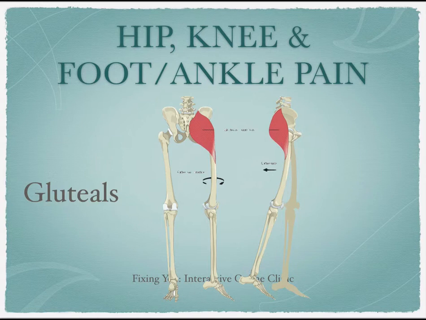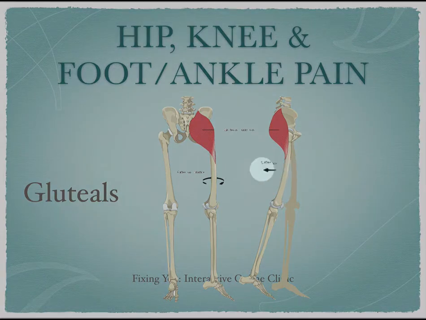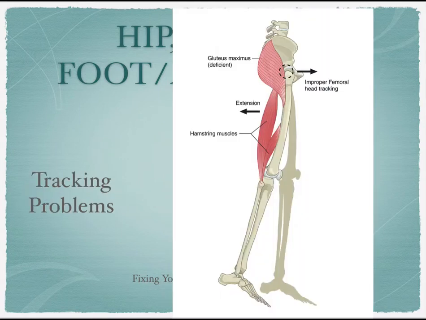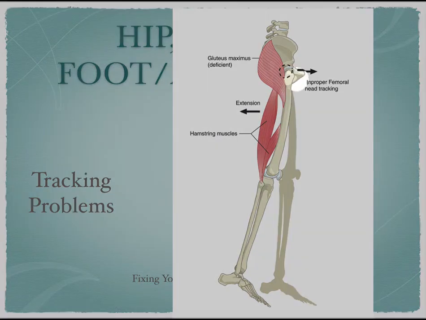The butt muscles extend the hip joint here, and they also rotate it out to the outside. But they also do a lot of other jobs too, and it's so important to get those working, especially when we're walking. If we're walking and our butt muscles aren't being used, then we start to develop tracking problems with the head of the femur, or the head of the thigh bone, in the hip socket.